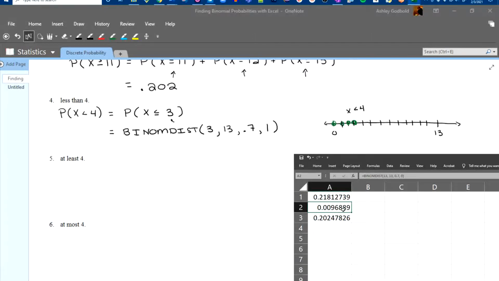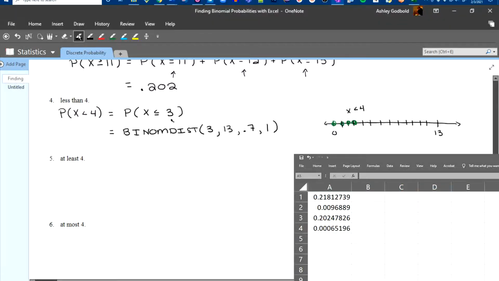I'm going to copy this one, paste it here, and change this 13 to a 3, and change the 0 to a 1. The probability that less than 4 students say yes, they drink alcohol is 0.0000652.